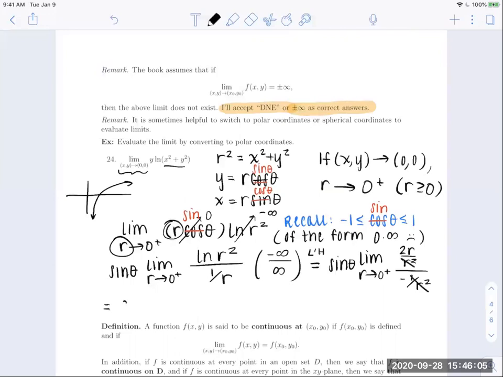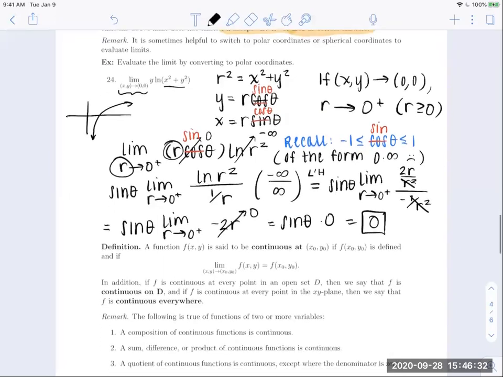And what I have is sine of theta times the limit as r is going to 0 from the right of negative 2r. So again, remember that sine is bounded between plus and minus 1. And this term is going to 0. So I get sine of theta times 0, which gives me a limiting value here of 0.